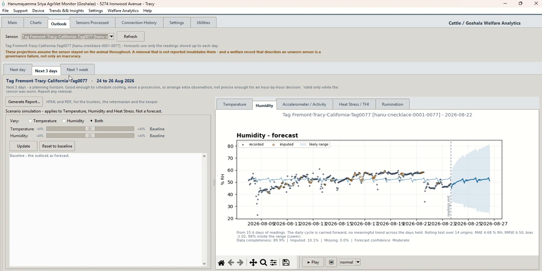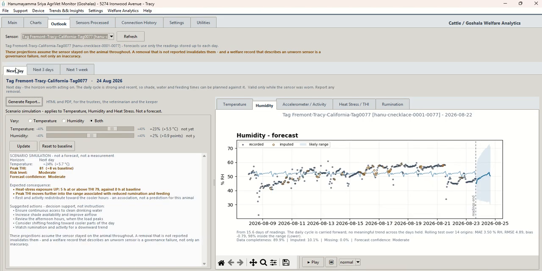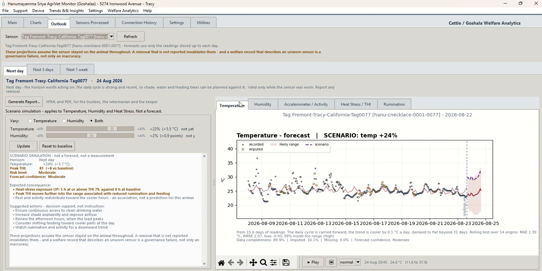Now let's look in more detail, from temperature to rumination. Let's start with temperature. The black points that you see here are recorded temperatures. The orange circles are imputed values, about 10% of the data, and the pink shaded region is the likely range. The daily cycle: warm after sunrise, cool after dark.